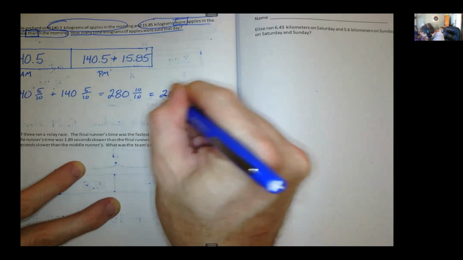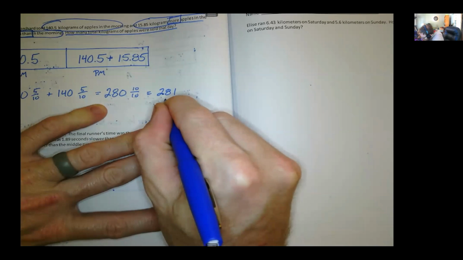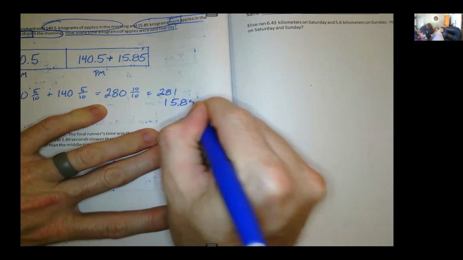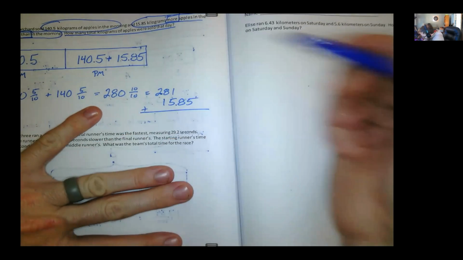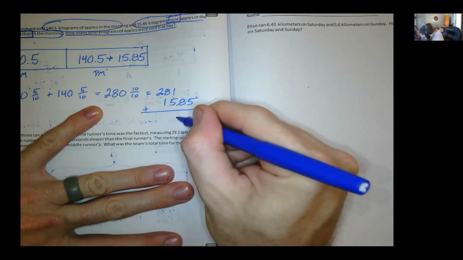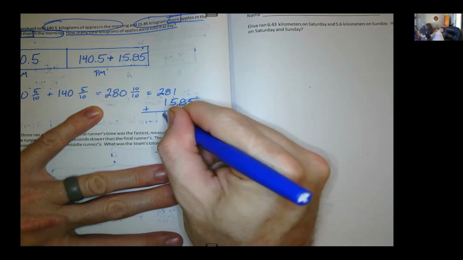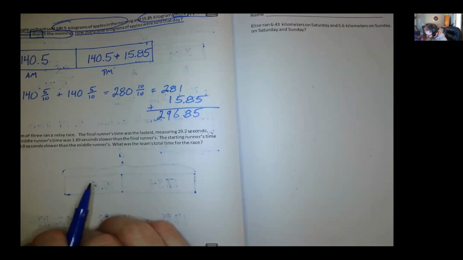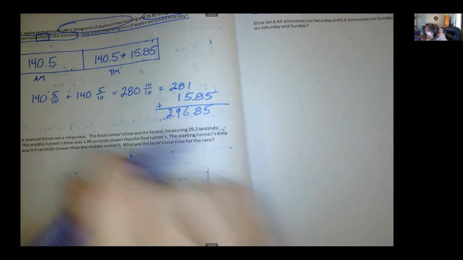So that's 281. Now that's our two 140 and 5/10 values. We still have 15 and 85 hundredths that we need to add to what we already have with 281. Adding these values together, 281 plus 15 and 85 hundredths, we have 85 in our decimal places. We have 6 in the ones, 9 in the tens, 2 in the hundreds. 296 and 85 hundredths kilograms of apples were sold that day.